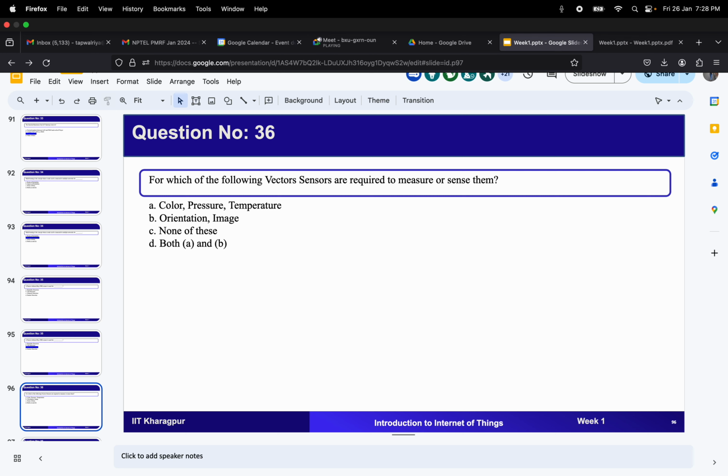Next question is for which of the following vector sensors are required to measure or sense them? B, orientation image. Right, orientation image. Next question is the sensitivity of a sensor under real condition may differ from the value specified. This is called maximal error, minimal error, median error, sensitivity error.